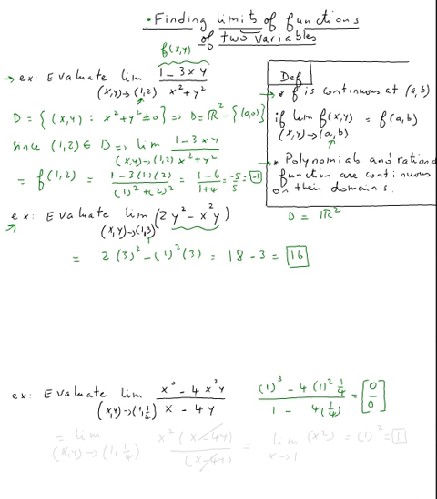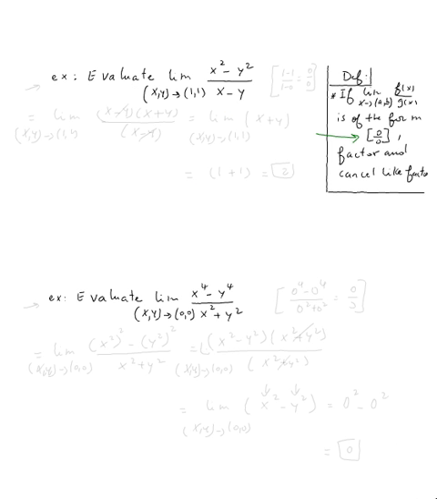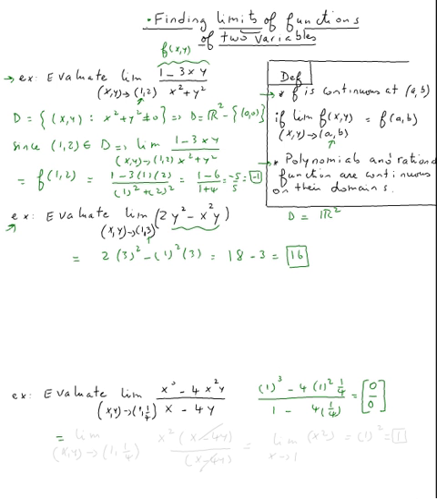And then you look at the definition here. Every time you get the form 0 over 0, all you do is factor, simplify, or cancel the like factors, and then plug in your point (x, y). So how do we do that? This will be the limit as (x, y) approaches (1, 1/4). Now what can we factor?